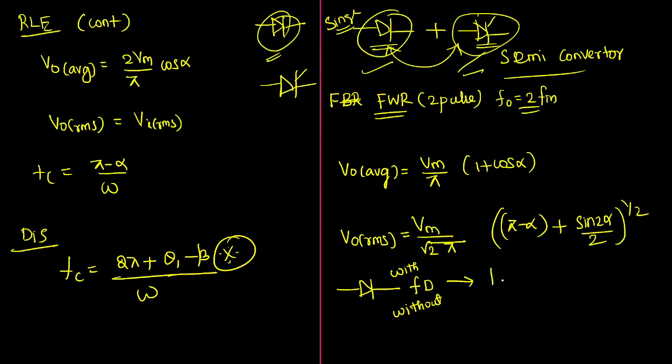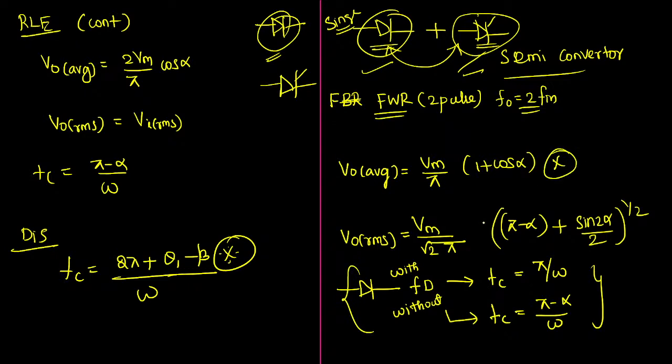With the freewheeling diode the formula for circuit turn off time is pi by omega. Without the freewheeling diode, the circuit turn off time can be expressed as pi minus alpha by omega. This is the most important formula when we are considering semi converters, and of course V naught average also. It is the most repeated area; questions will often be repeated here.